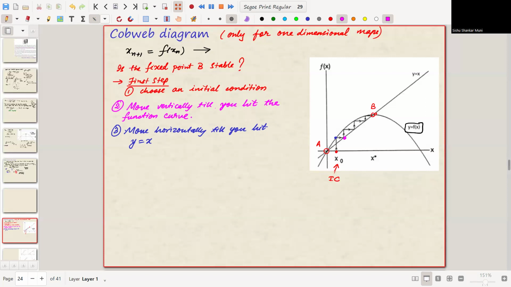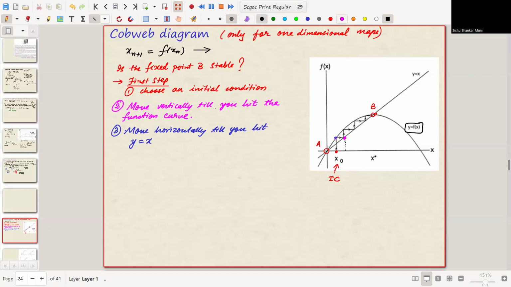You started from an initial condition, moved up till you hit the function at the blue point, then moved horizontally till you hit y equals x. Then you are at the magenta point. This is the same situation as at the red point, isn't it? Just to make you aware, you can draw a line here.